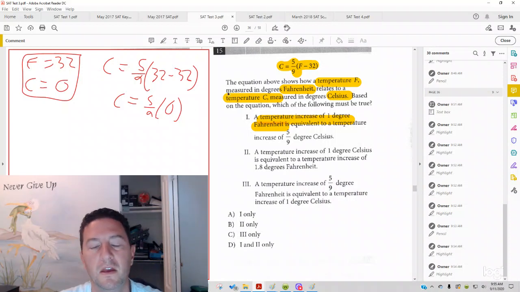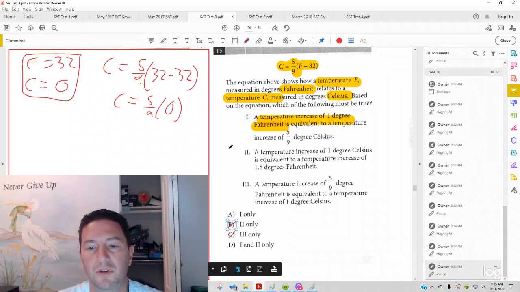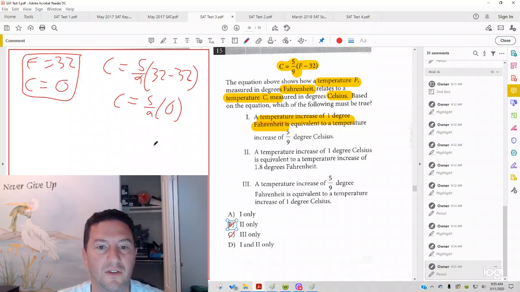Okay, so Roman numeral 2, and remember B and C are gone here: a temperature increase of 1 degree Celsius is equivalent to a temperature increase of 1.8 degrees Fahrenheit. So in order to test this one out, if you notice in the original equation, Celsius is not isolated.